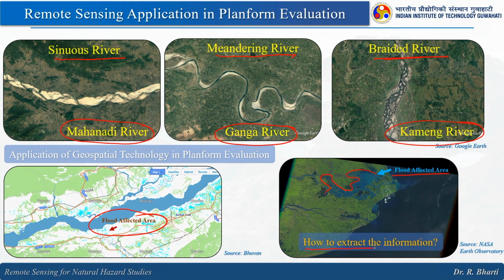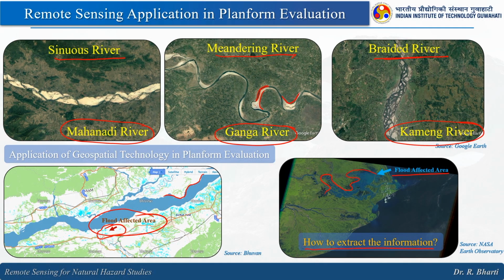So here visually it is very clear that all these boundaries are for the river. This is maybe the flood affected areas, right? Here also you can see that this is the main channel, right? And this is the floodplain, right, this white color.